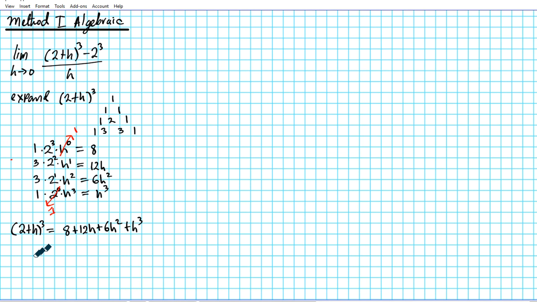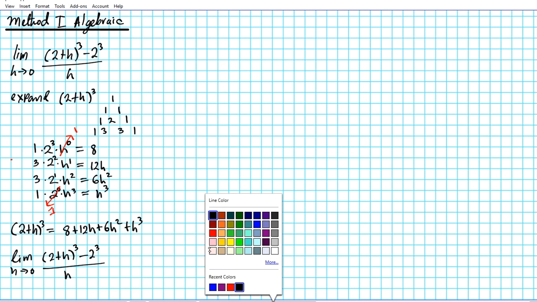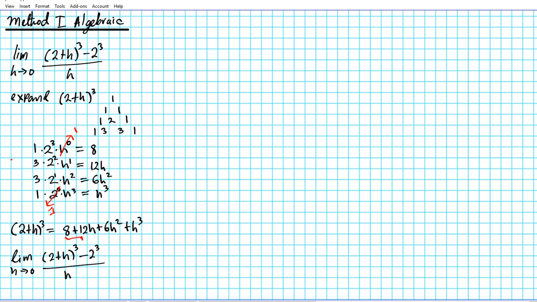Now how does this help us? Well, we're evaluating the limit. Let's rewrite the question as the limit as h approaches 0 of (2 plus h) raised to the third power minus 2 to the third. We are now going to take this expanded form we just found and sub it into this spot right here. Replace the entire expression with what we just found.